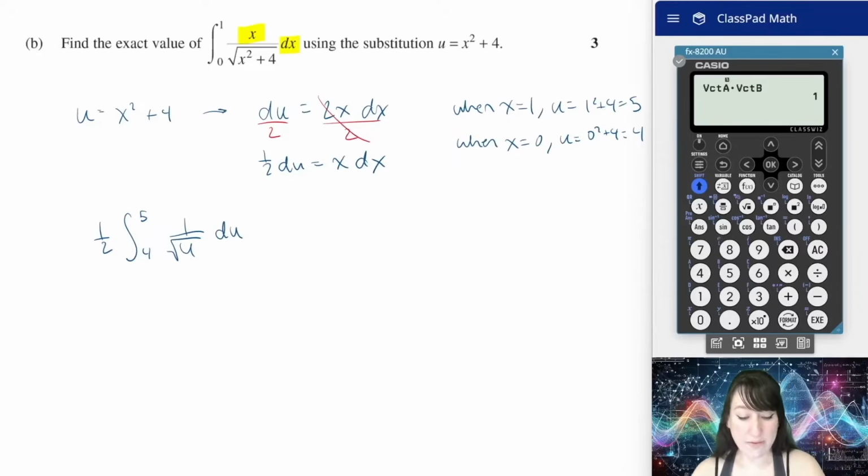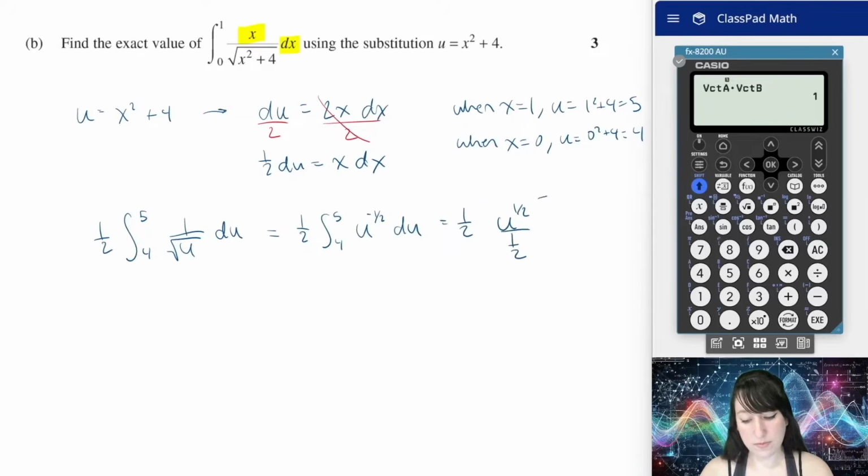I'll put the 1/2 that was attached to the du in front of the integral. We'll just write this in index form. And now we can integrate. The 1/2's cancel, so we're just going from 4 to 5. And we get the square root of 5 minus the square root of 4, which is root 5 minus 2.